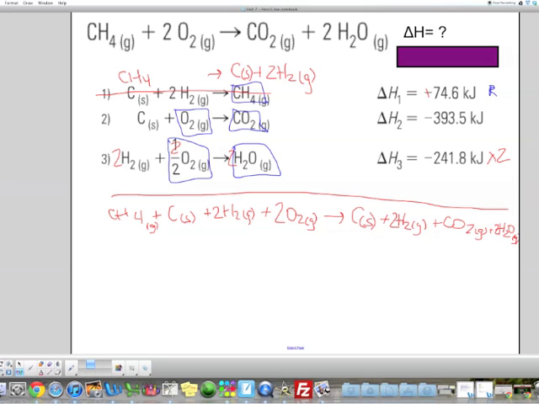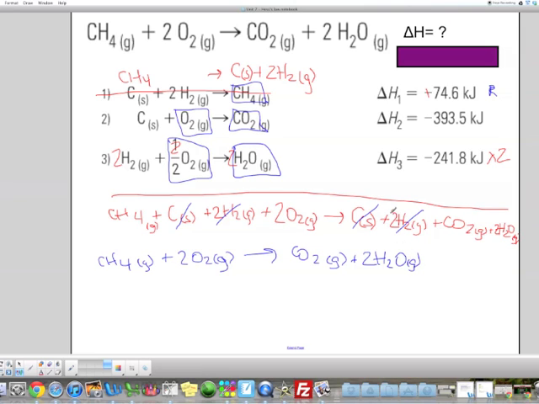Okay. Now next I'm going to cross out whatever is on both sides. So I have carbon and carbon. I have 2H2 gas with 2H2 gas. I have nothing else. So I'm left with CH4 gas plus 2O2 gas gives me CO2 gas and 2H2O gas.